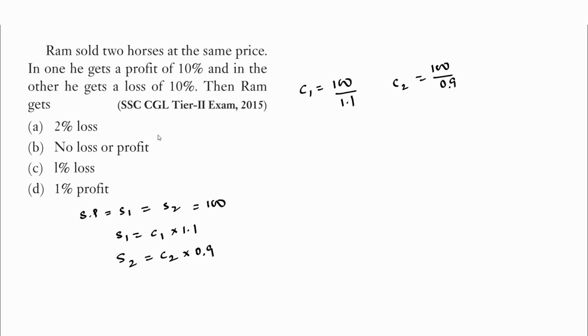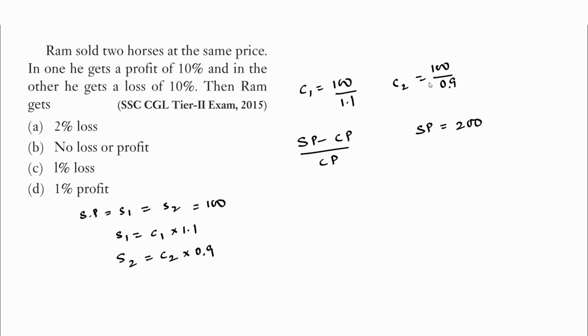Now, to calculate the profit or loss percentages, the formula is the selling price minus the cost price divided by the cost price. So for the selling price, we have S1 plus S2, which is just 200.